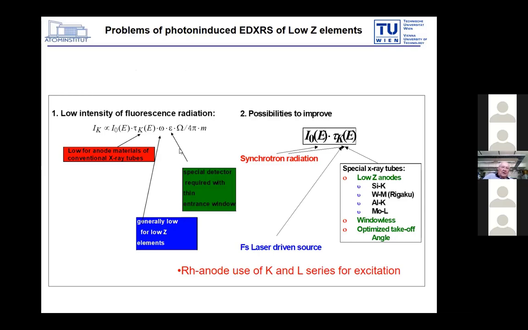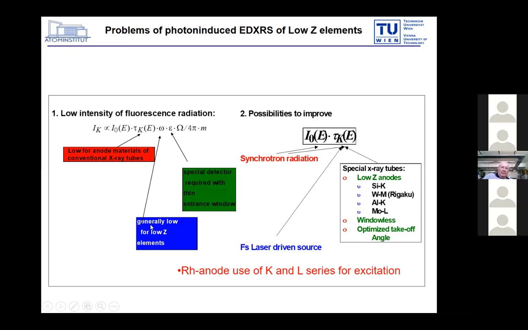We have here what we want, a high incident intensity of the beam, then a tau k, which is high. This is dependent on the energy, as you know. So as close, as I said, to the edge of the element, this is fine.